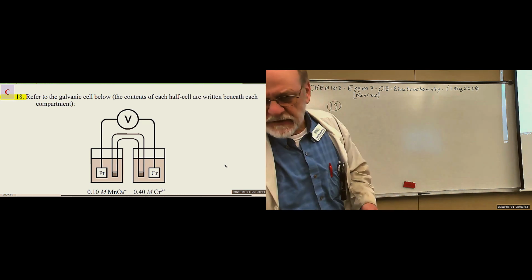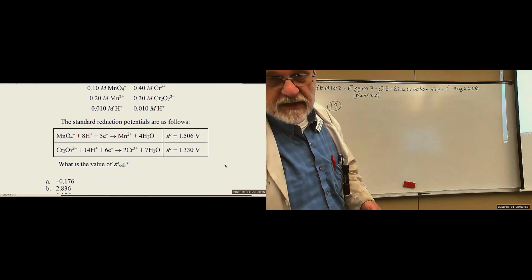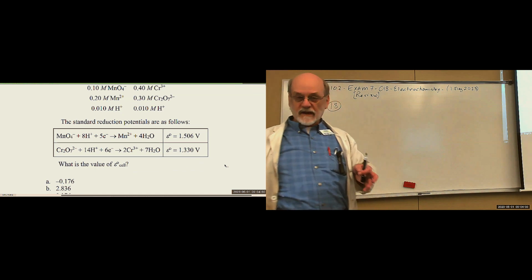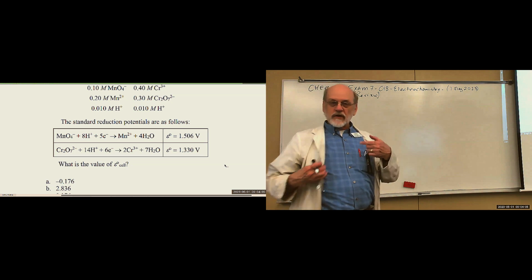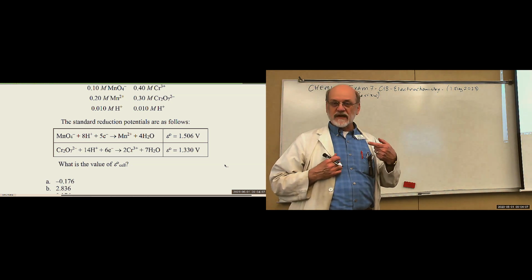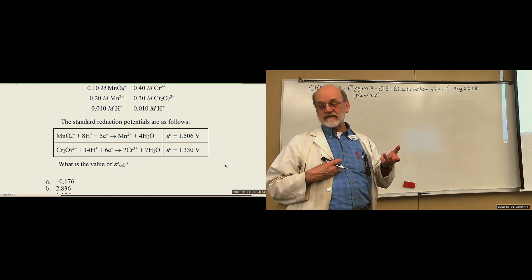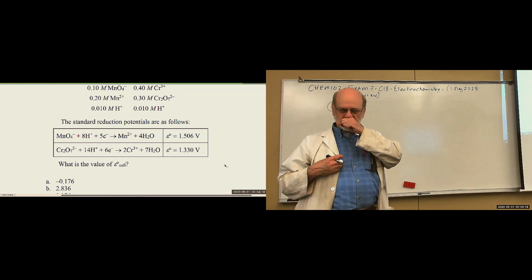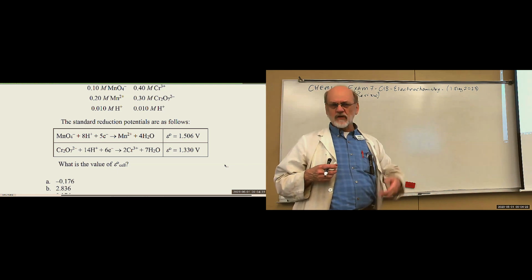All right, so the two half reactions, and we'll come back to the actual values in a minute. What's the value of E for this cell? We can do that one without even writing it on the board. Which one of those must be flipped in order to make the total positive? If we flip the top one, you got a negative value total. If we flip the bottom one, then you have a positive overall.